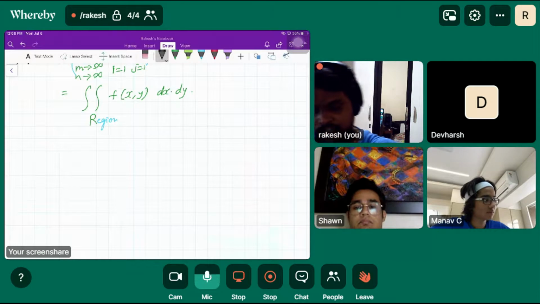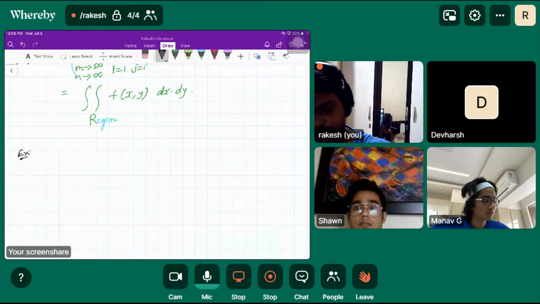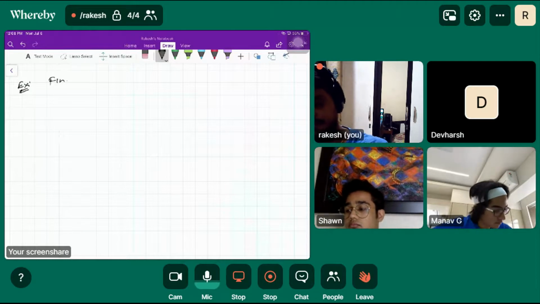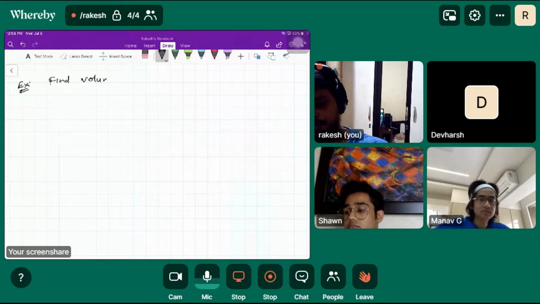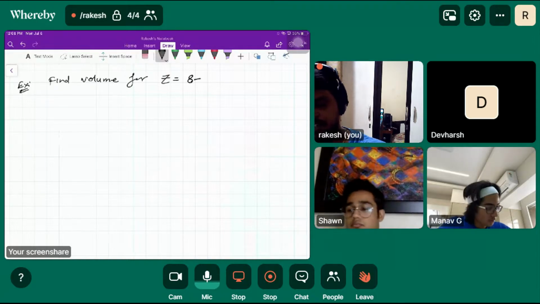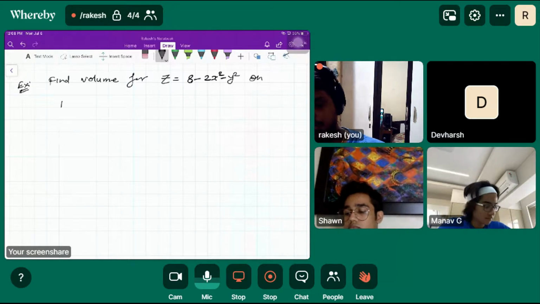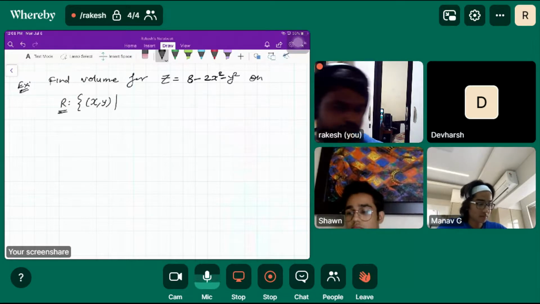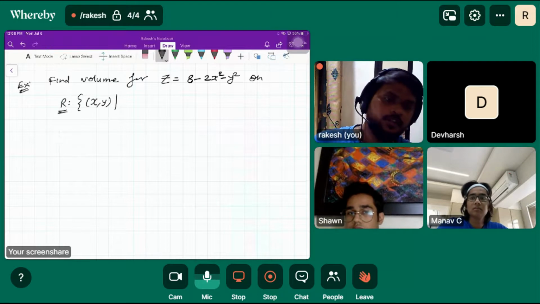Okay. Now let's do one question on this. Find the volume for z equal to 8 minus 2x squared minus y squared on R of x comma y, such that, okay, this R stands for region.